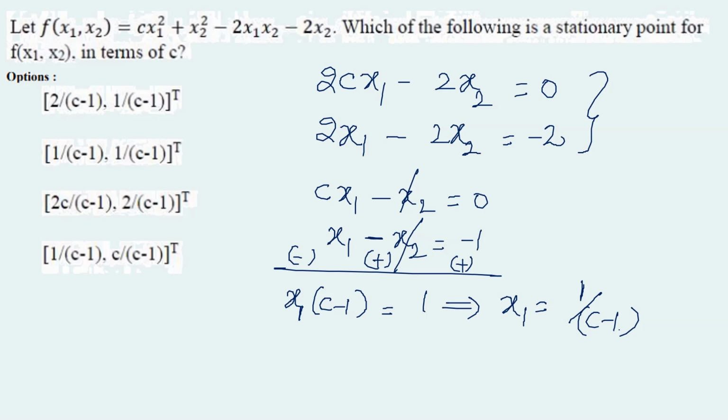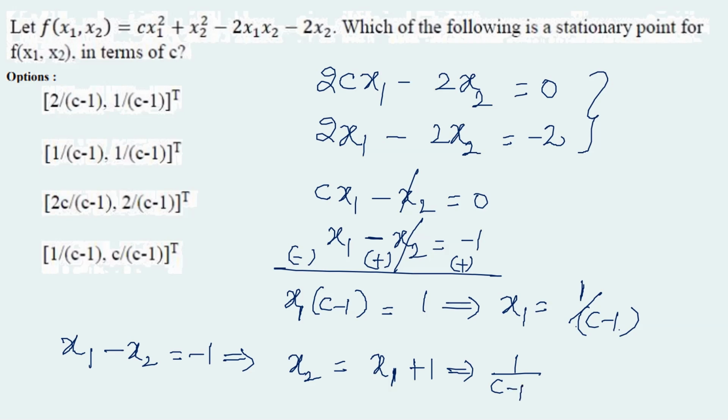Now substituting 1 by c minus 1 in the above equation x1 minus x2 equals minus 1, where x2 is equal to x1 plus 1, that is equal to 1 by c minus 1 plus 1, that yields 1 plus c minus 1 divided by c minus 1.